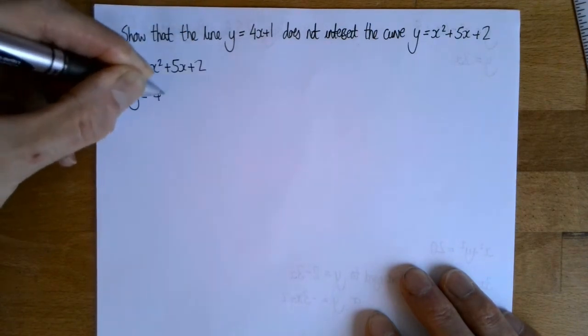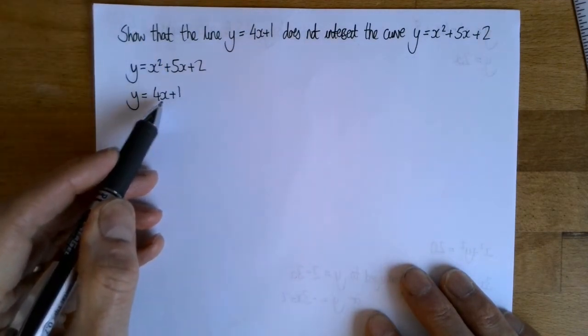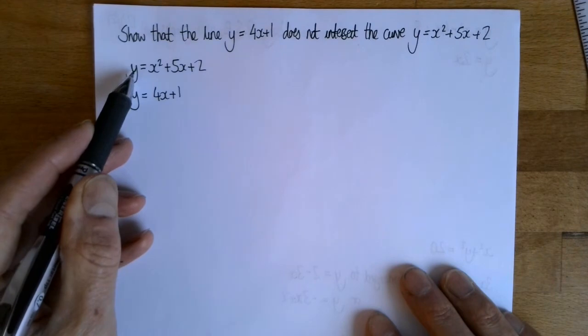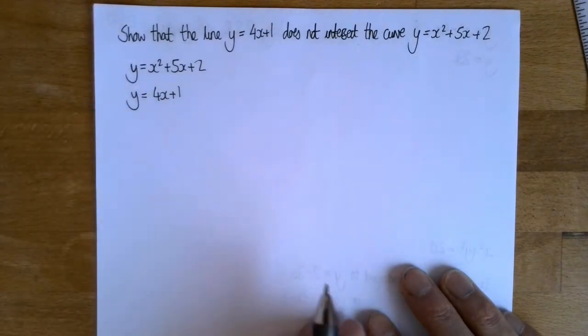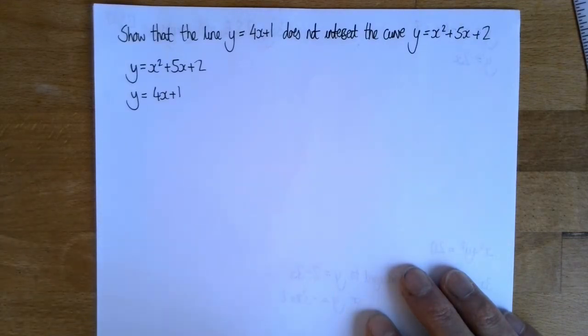Again, it's a really easy one because the second equation is written as y equals, so all you've got to do is replace that with 4x plus 1 and try and solve the quadratic equation. Now, use the formula in this case and you're going to hit a problem. So have a go and see if you can realise what the problem is. Pause the video, I'll come back in a minute.